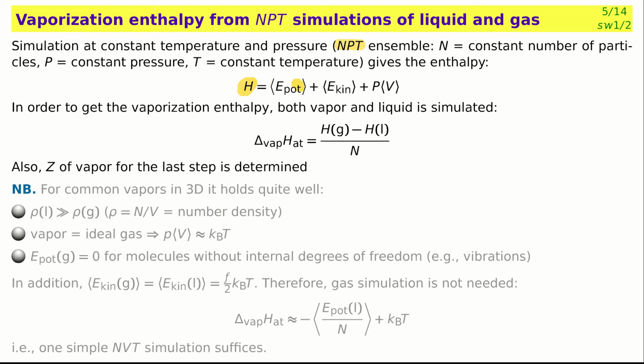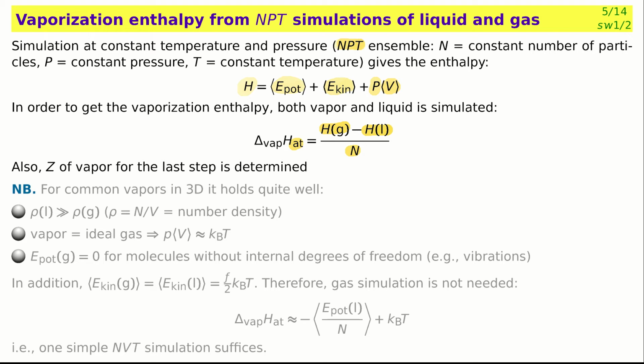This is the average potential energy, the average kinetic energy, and pressure times the average volume. In the NPT simulation, pressure is constant and volume fluctuates, so that we need the average volume here. And the vaporization enthalpy, if it's per one atom, is just the difference of both enthalpies.